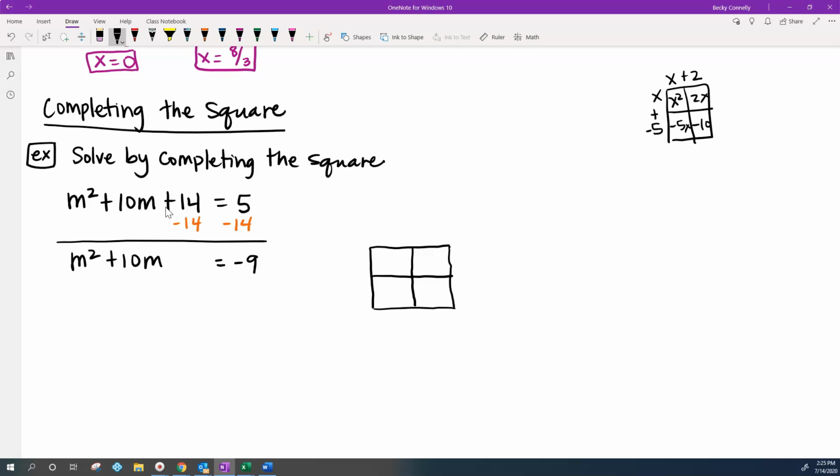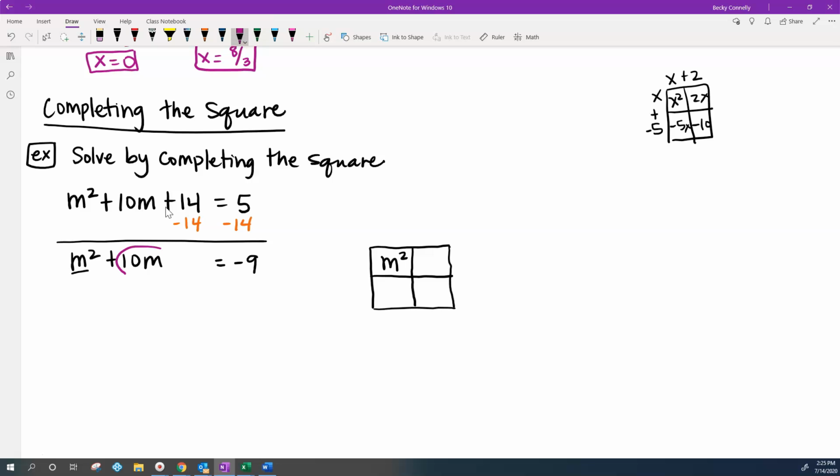Well, on this one, it's like we're undoing it, kind of in the way that we were doing with factoring it. So our m squared that we have here in the beginning is going to go in that first box. Now this 10m is going to be broken up between the two.